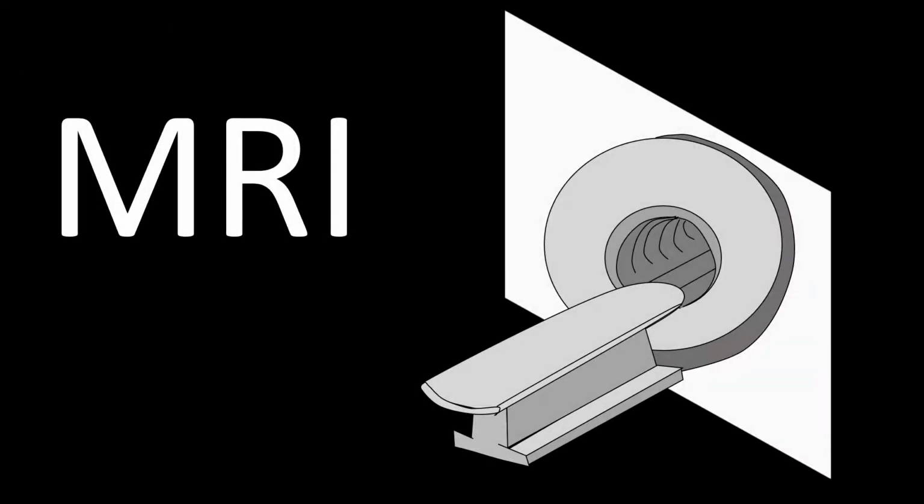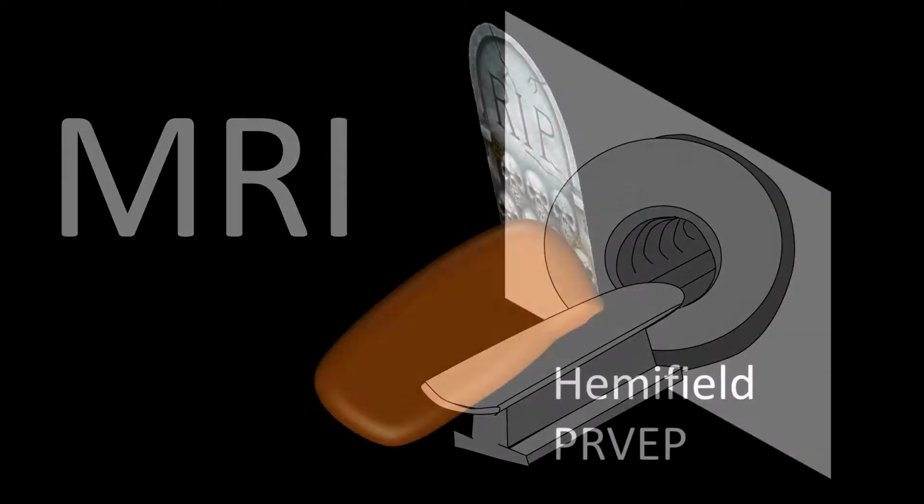MRI has rendered Hemifield pattern reversal visual evoked potentials a thing of the past. But once in a while, it is resurrected by one or another investigator. So it is good to know something about them.